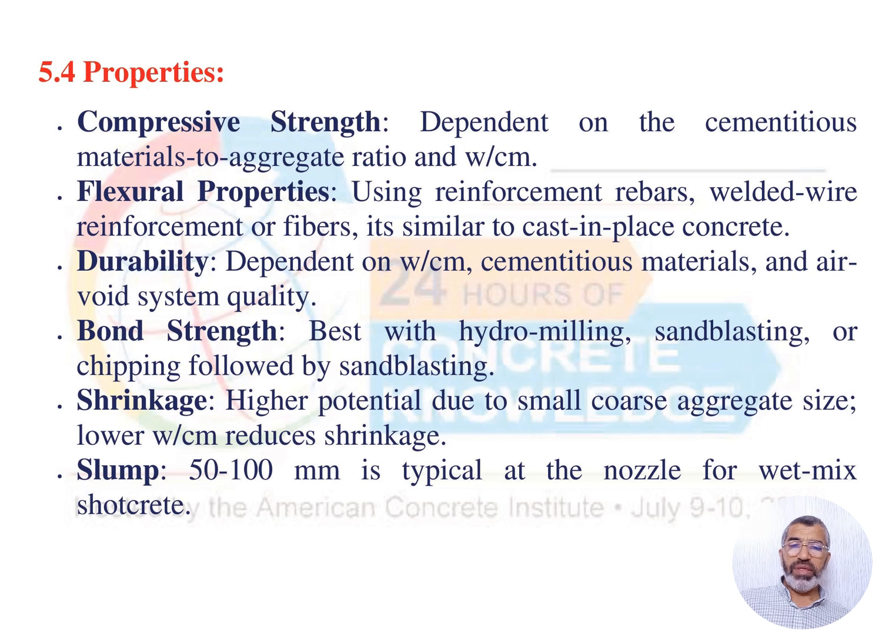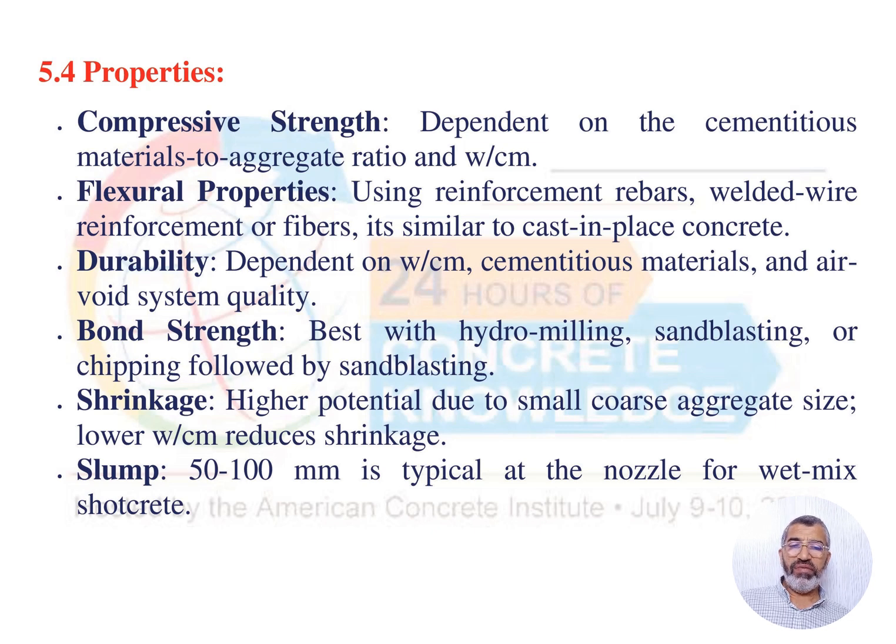Durability depends on the water cement ratio and the cementitious materials content, and also on the air void system quality. Bond strength may be gained using hydromilling, sand blasting, or chipping followed by sand blasting.